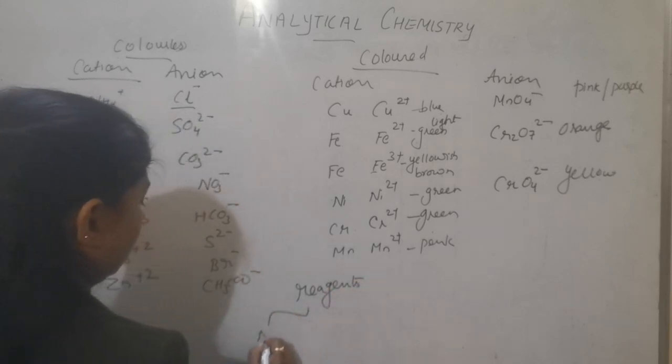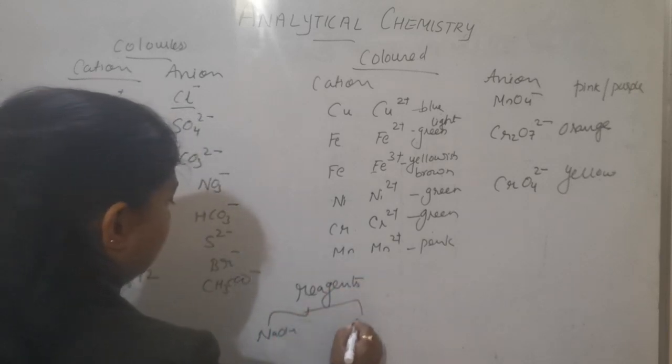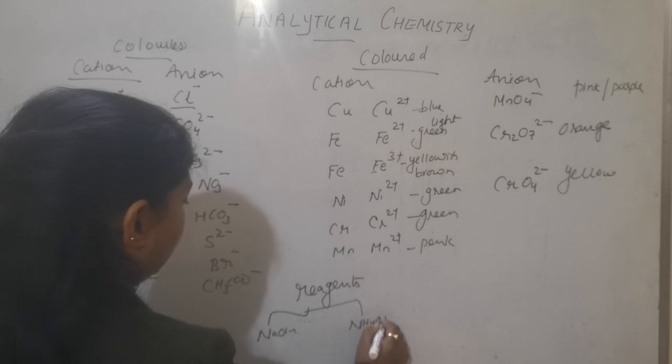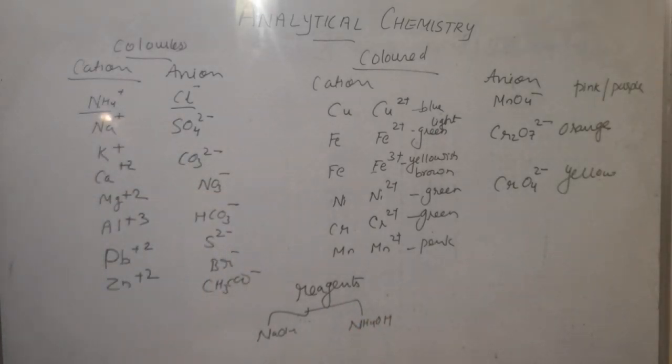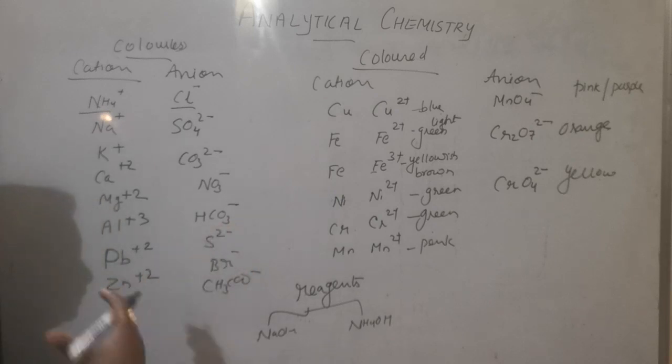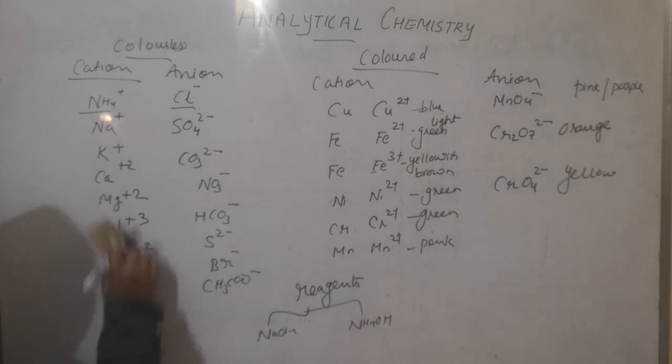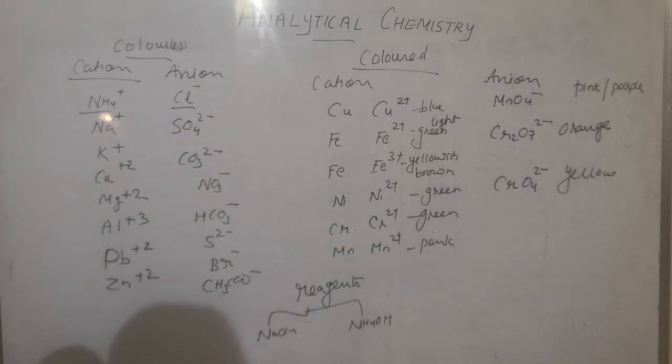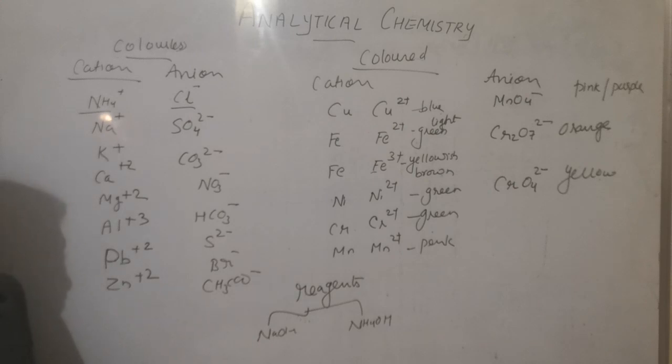So these reagents are NaOH and NH4OH. So they are the best lab reagents, and we add these reagents to the salt solution and we'll get a precipitate. Whenever these reagents are added to the salt solution, it easily precipitates out the insoluble substance from the solution.